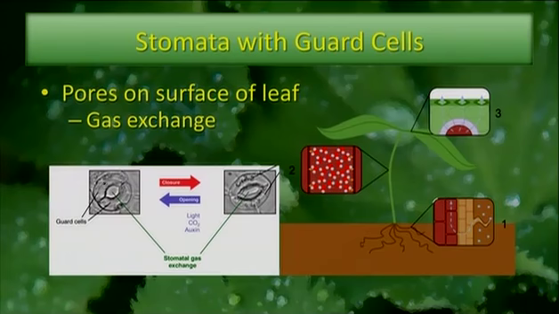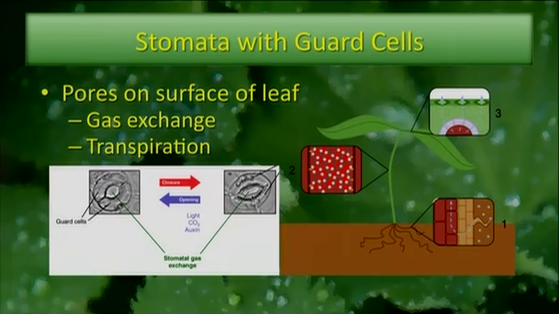And then the guard cells are like kidney-shaped cells around the stomate that open when the guard cells are full of water and turgid, or when they're flaccid or lose water, the guard cells come together and the stomate closes. Okay, so one of the most important things that stomates do is they do gas exchange. Okay, generally carbon dioxide in, oxygen gas out.